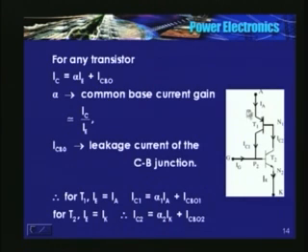Now for transistor T1, what is the emitter current IE? The emitter current is nothing but the anode current, IA.